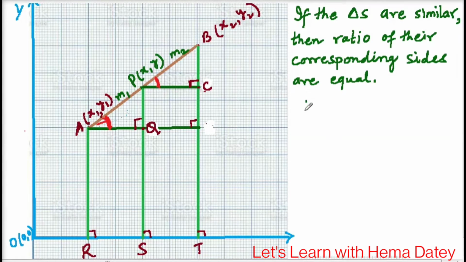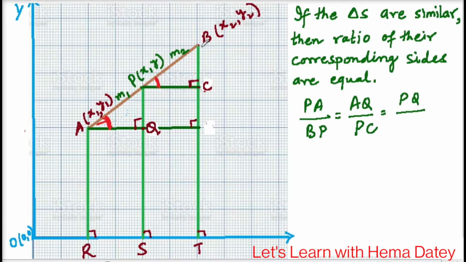It means side PA ratio BP equals to AQ ratio PC equals to PQ ratio BC.